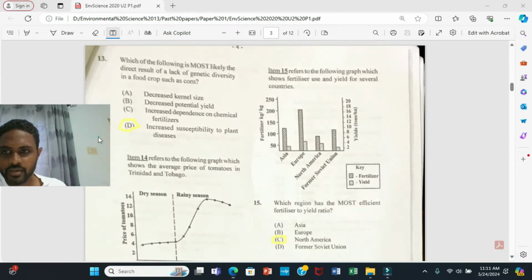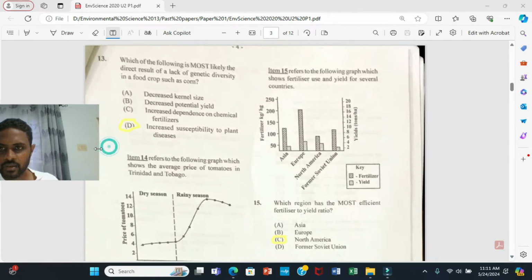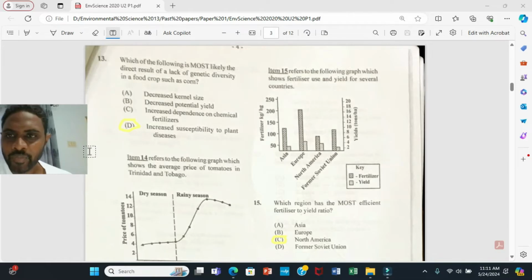Number 13, which of the following is most likely the direct result of a lack of genetic diversity in a food crop such as corn? The answer is D, increased susceptibility to plant diseases. Number 14.